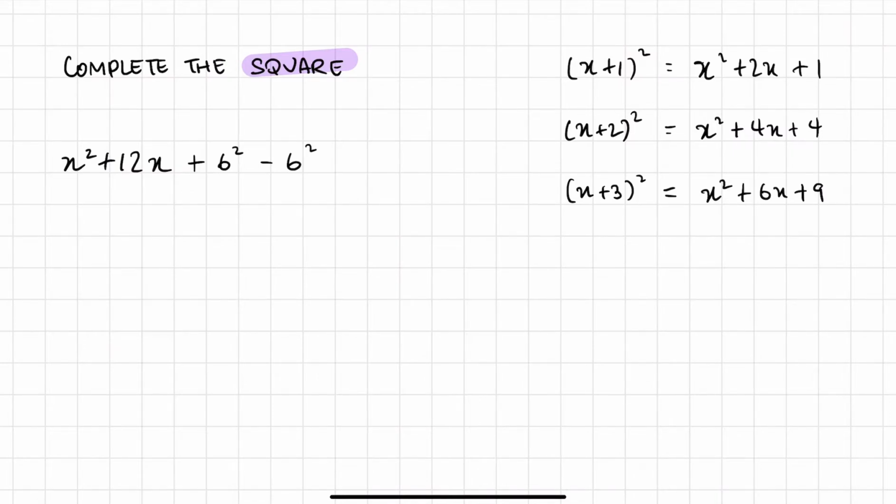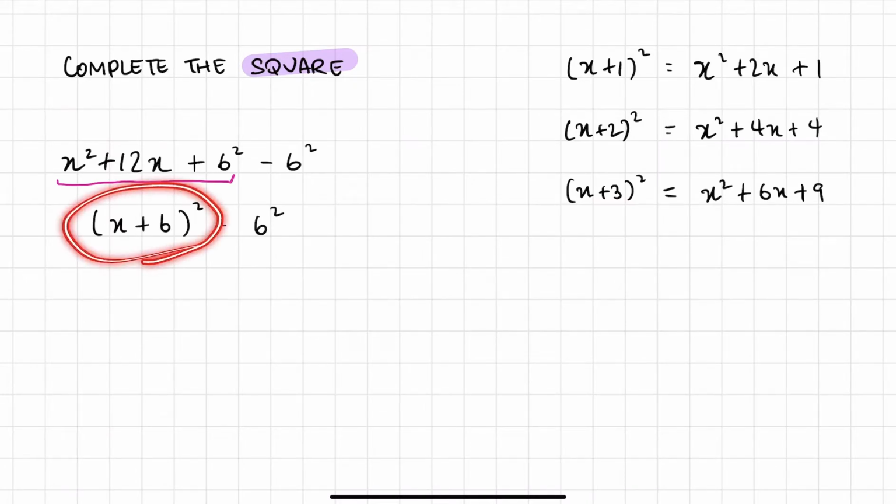But we want to write it like this because this part here will create a perfect square. Like this. Okay, so when someone says to complete the square, they're looking for this type of perfect square.